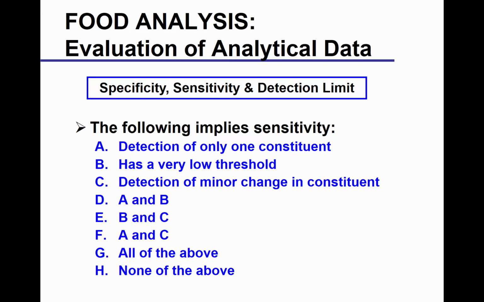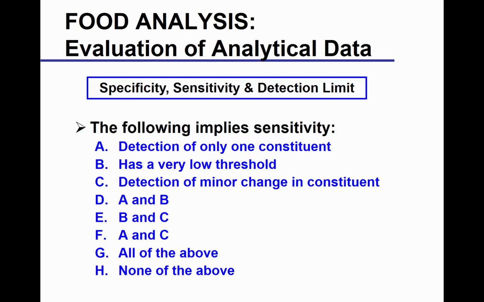B is actually a detection limit. So sensitivity is C alone. Detection of one constituent is specificity. B is detection limit, C is sensitivity. Sensitivity, in a sense, is how low of a value you can detect, or a difference you can detect between different samples.